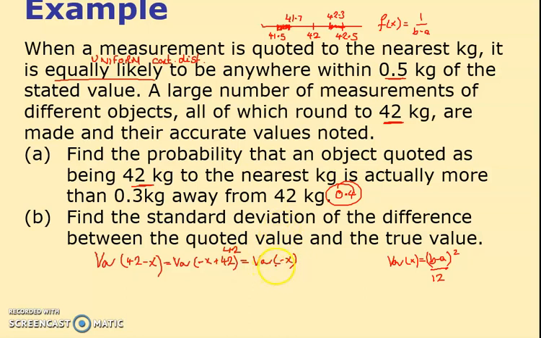And the variance of minus x, you can think of as the variance of minus 1 times x. You bring that minus 1 to the front and square it, and of course minus 1 squared is 1, so this is really the same as the variance of x.